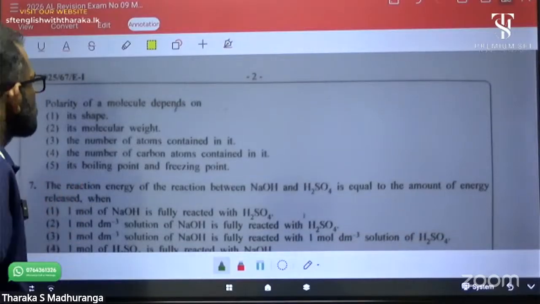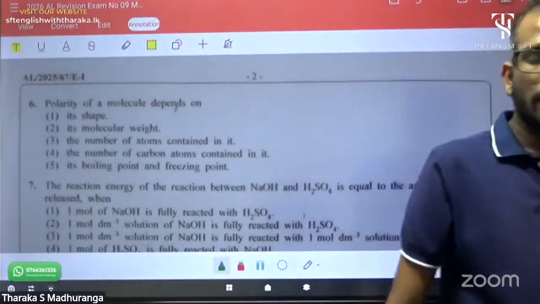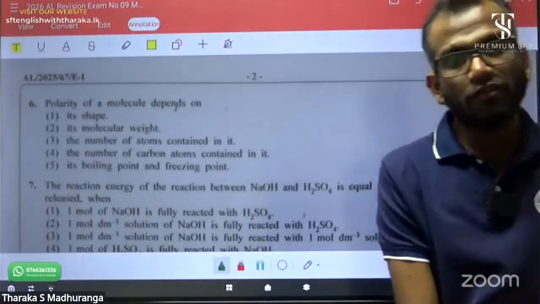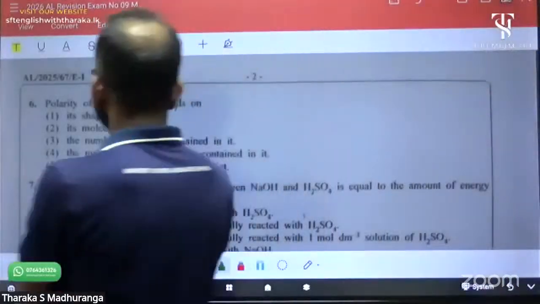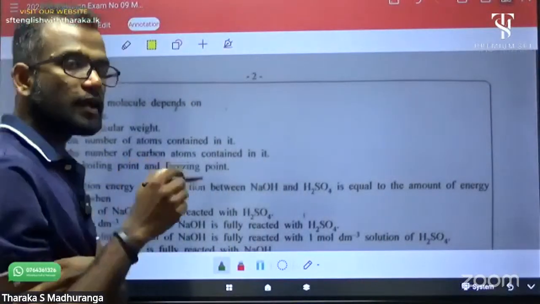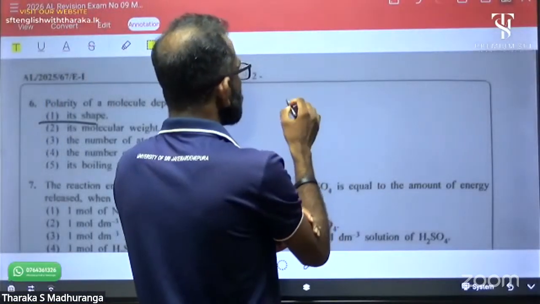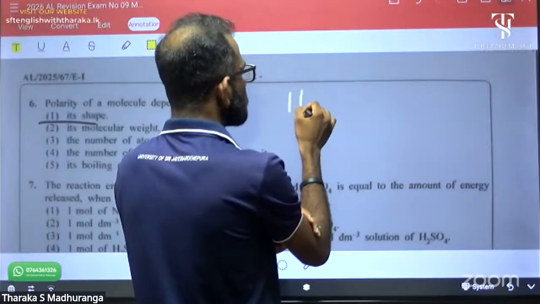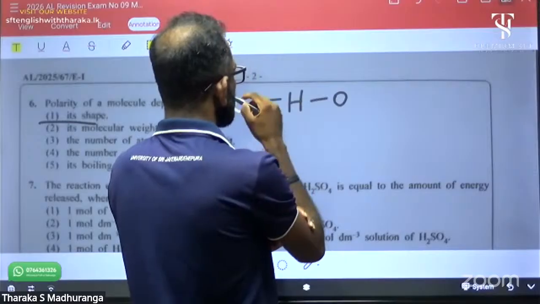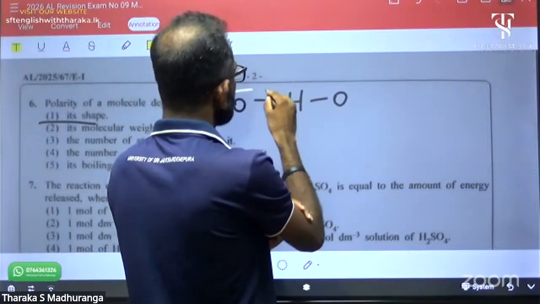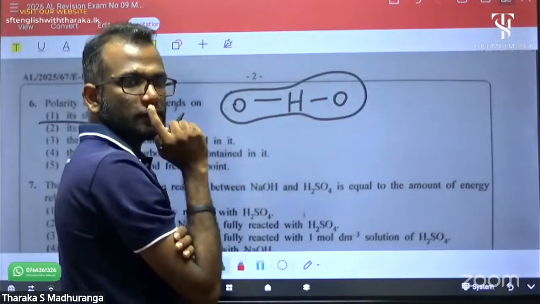The polarity of a molecule depends on... Remember, the polarity of a molecule depends on the shape of the molecule. Take an example. Water is a polar solvent, right? Water is made by hydrogen and oxygen, H2O. See, it is not symmetric like this.